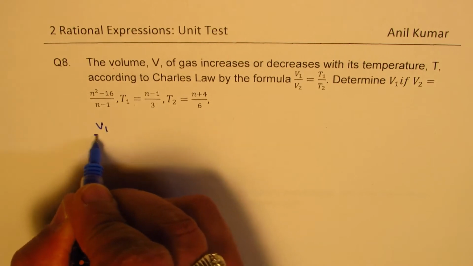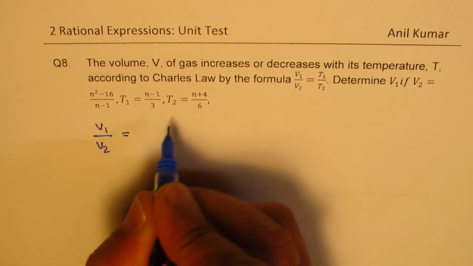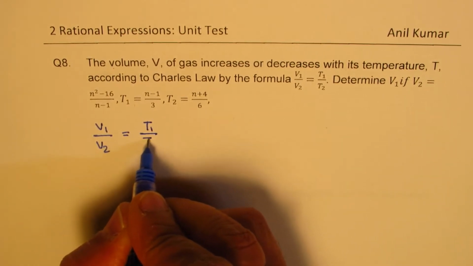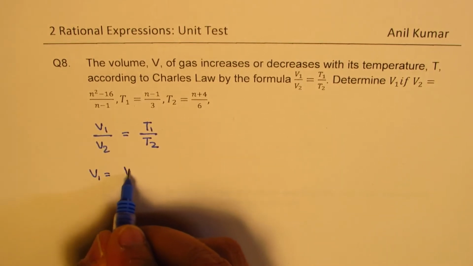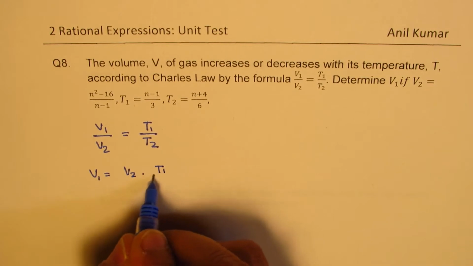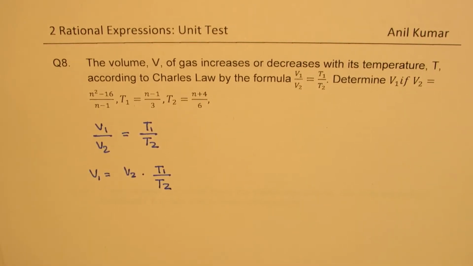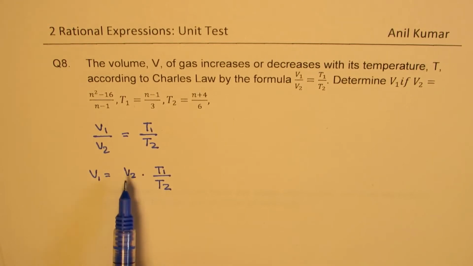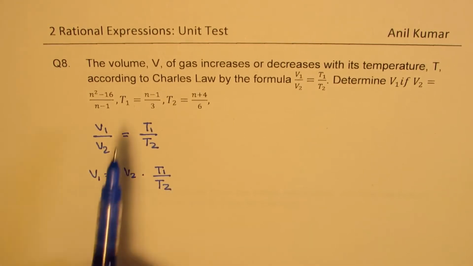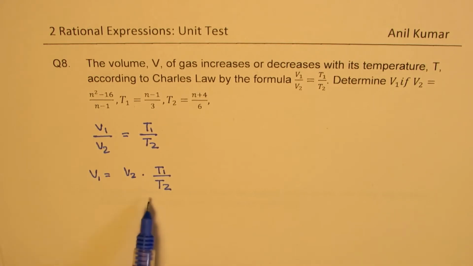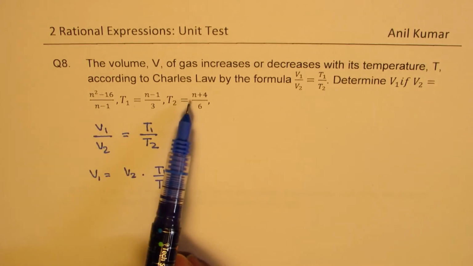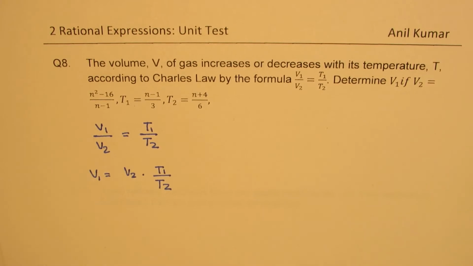We are given V1 over V2 is equal to T1 over T2, correct? So we can rearrange and we can find V1 as V2 times T1 over T2, correct? So that becomes our formula for V1. Now we know what V2, T1, T2 are. We can substitute these values and then find a formula in terms of n, correct? So that's what we will do.